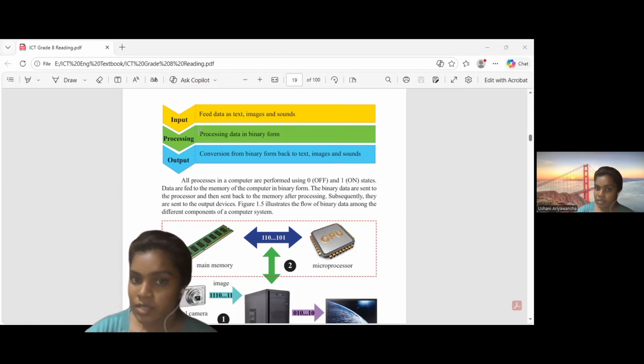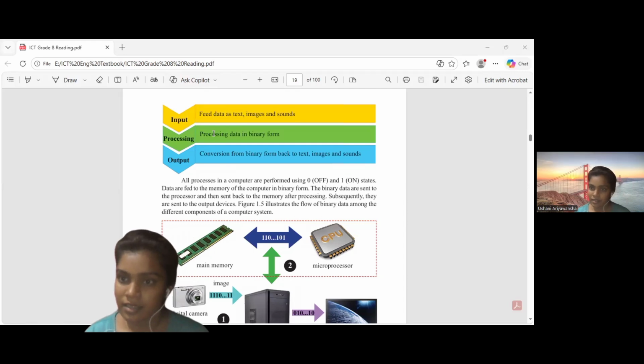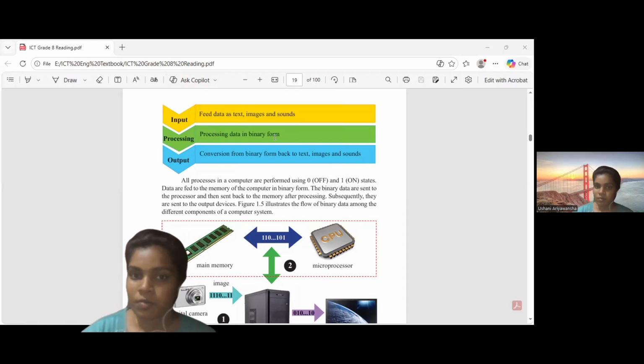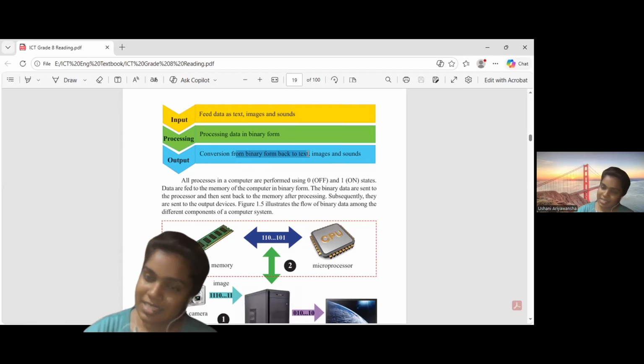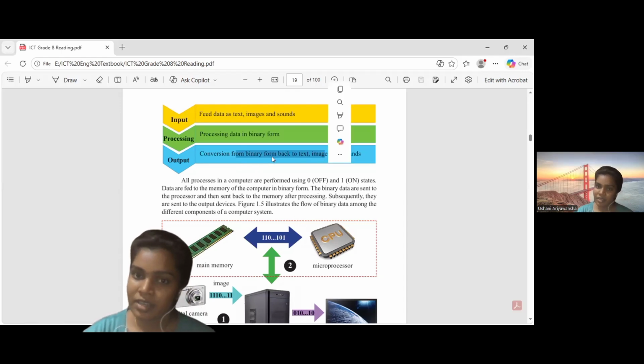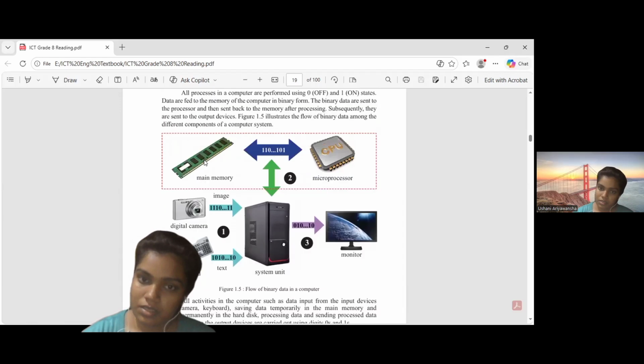It processes data in binary form, right? Then computer can understand data. So when we need an output, it converts from binary to decimal again, right?